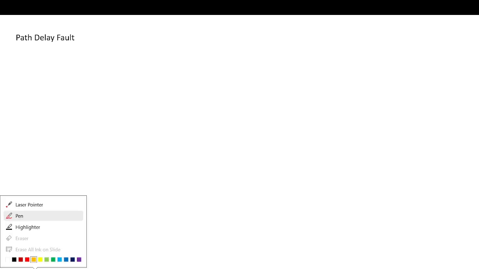So first we will see the path delay fault model. It models the combinational path in a circuit and considers the cumulative effect of the delay along the path.